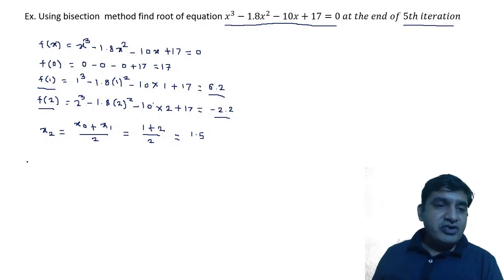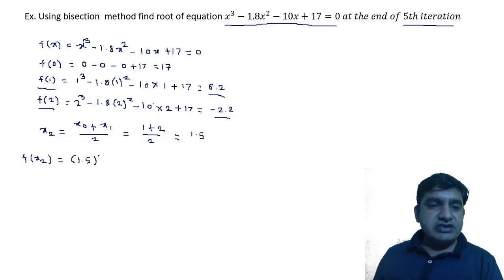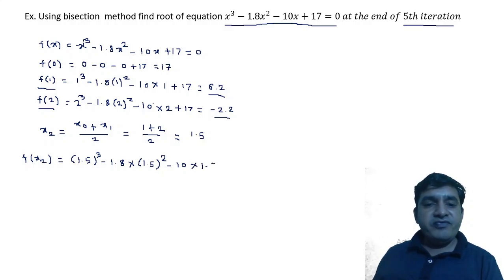Now we have to find f of x2, and it can be written as 1.5 cube minus 1.8 into 1.5 square minus 10 into 1.5 plus 17.